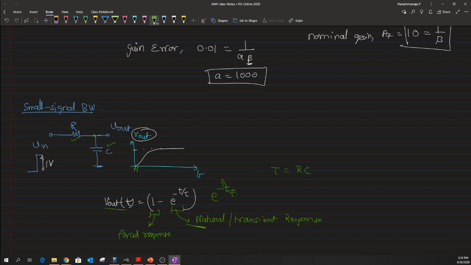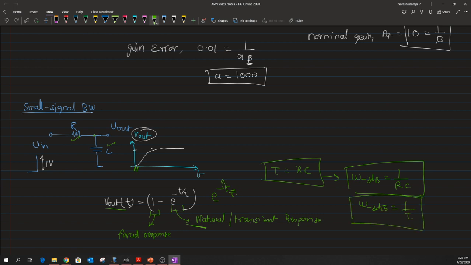So one could rewrite this expression in terms of bandwidth, which is the omega 3 dB frequency, as 1 by RC, which means that this quantity can also be written as 1 upon tau.